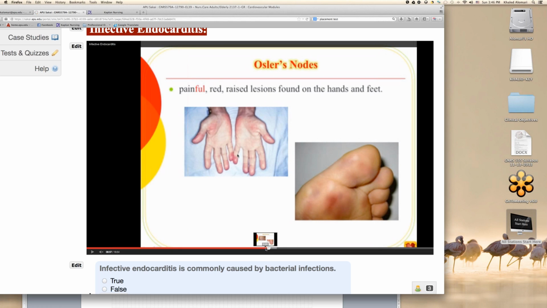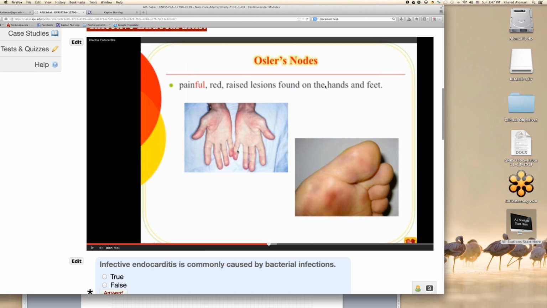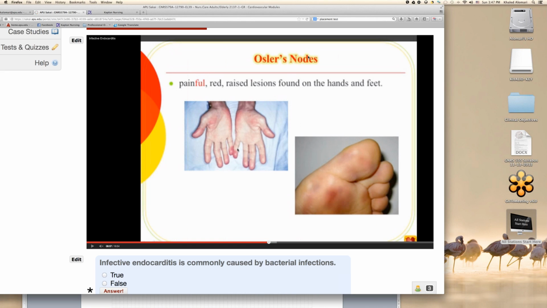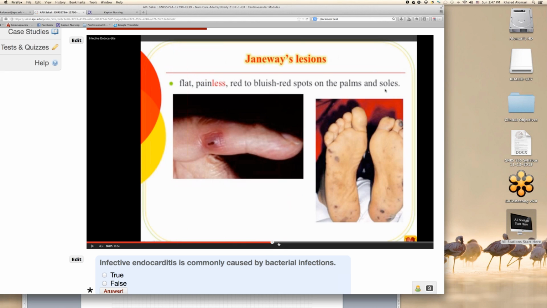Okay, the other classical symptoms that you only see with endocarditis is one of them, Osler nodes, that you see here. You see them in the feet and the palms, and these are painful red raised lesions. And the other one is the Janeway lesions, and these you see also in the soles, mainly in the palms, and these are painless.